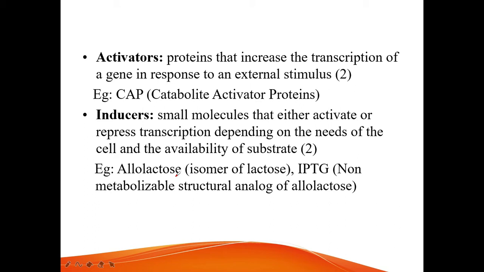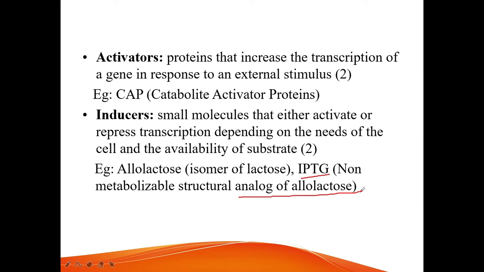Now, there is also a chemically made, man-made inducer, which is called IPTG. What is IPTG? It is isopropyl thiogalactoside. It is non-metabolizable in nature, but it is a structural analog of allolactose. It looks structurally similar to allolactose.